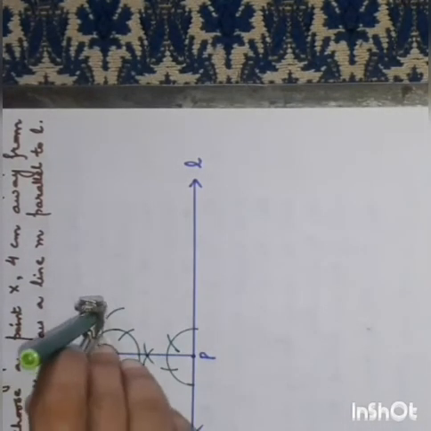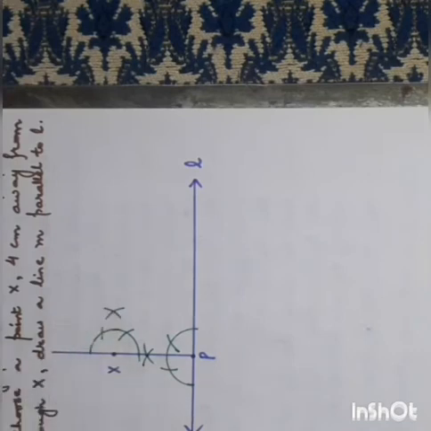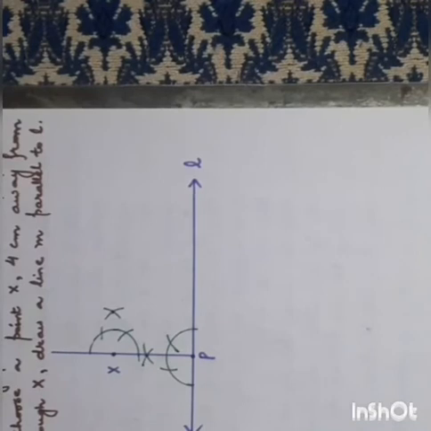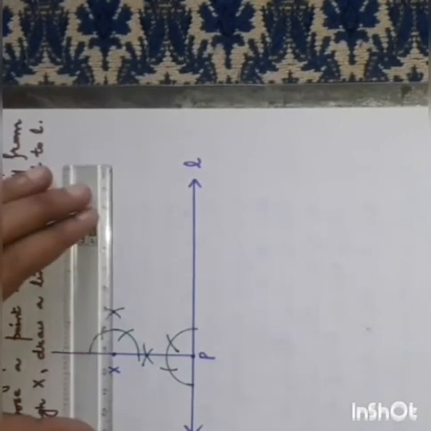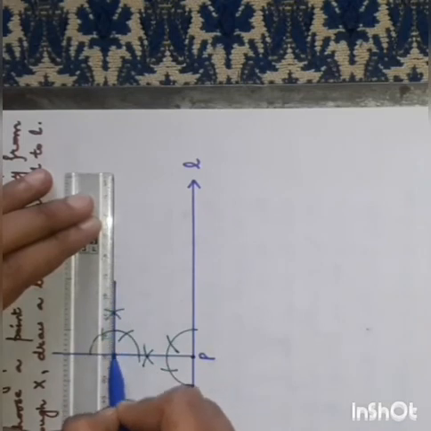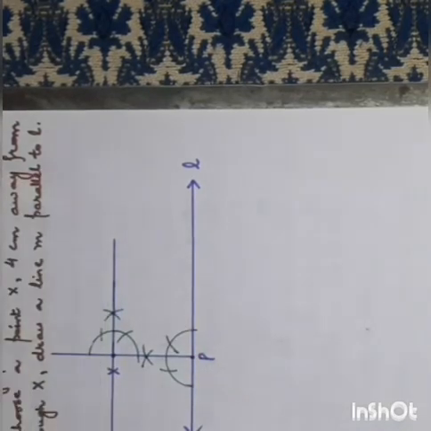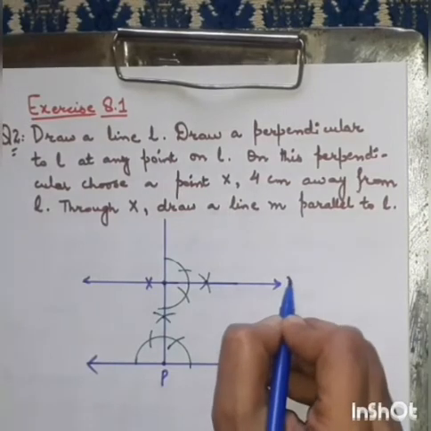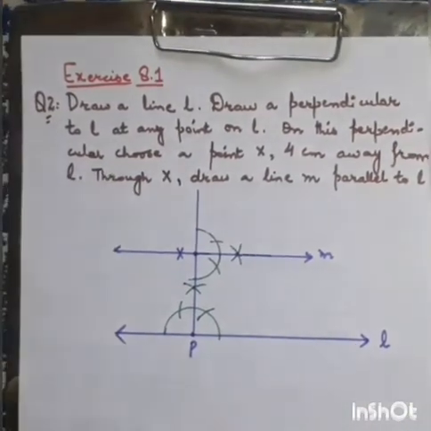Then another arc here. Okay, so this is the point which I have to join with X. I'll join this point with X, and I will extend this line on both sides. So this line is now line M, and this line is parallel to line L.